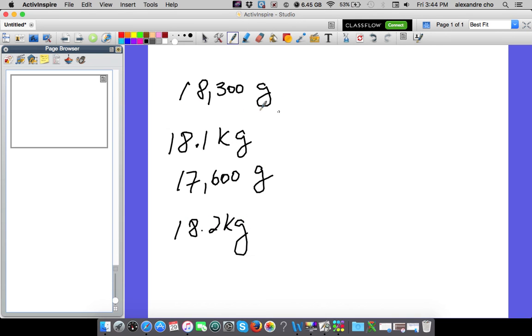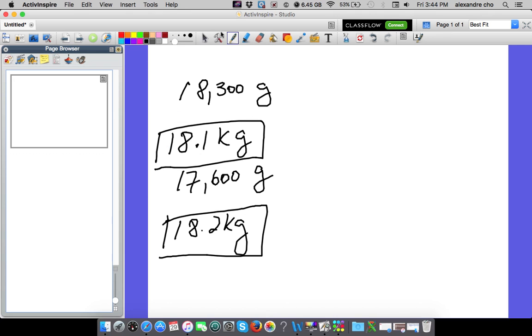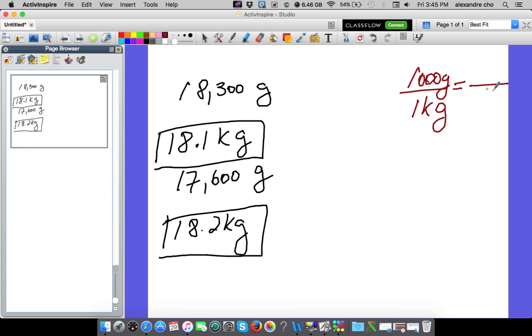So let's leave these two alone and change this guy over here and this guy. So how do I change from kilograms to grams? I'm just going to do one on the side here. I know that there's 1,000 grams in 1 kilogram. So on this side, grams on top, kilograms at the bottom.